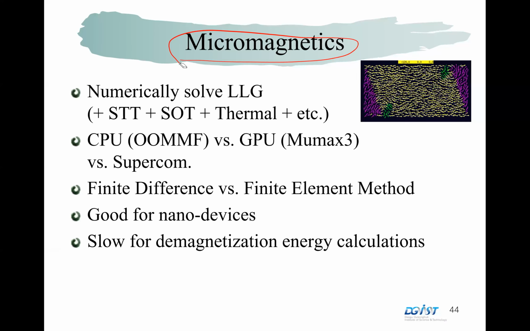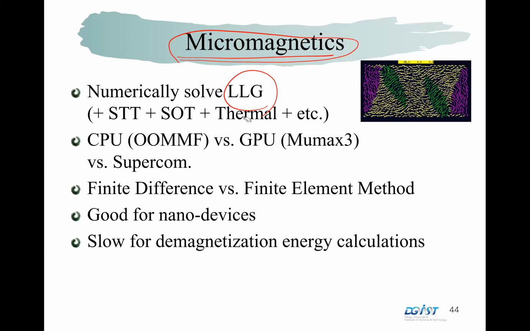Fortunately, there are many open source simulators, so you can download one and do it by yourself. There is a big difference between micromagnetics and the Stoner-Wohlfarth model, but this is not the good time to explain it. I'm going to explain it later when you learn about the Landau-Lifshitz-Gilbert equation, which is another master equation of spin dynamics.